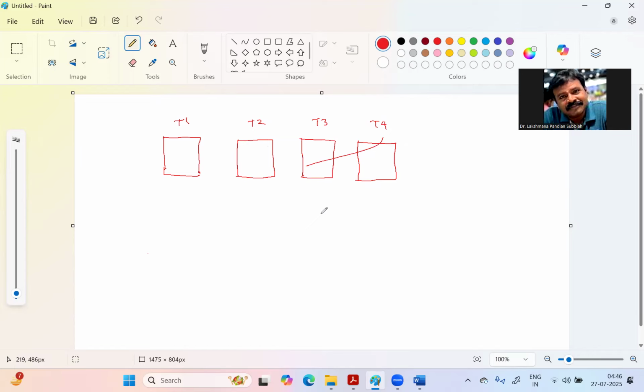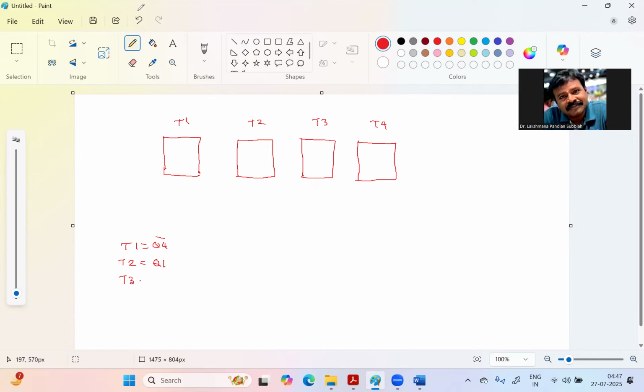The equation is T1 equal to Q4 dash and T2 equal to Q1, right?